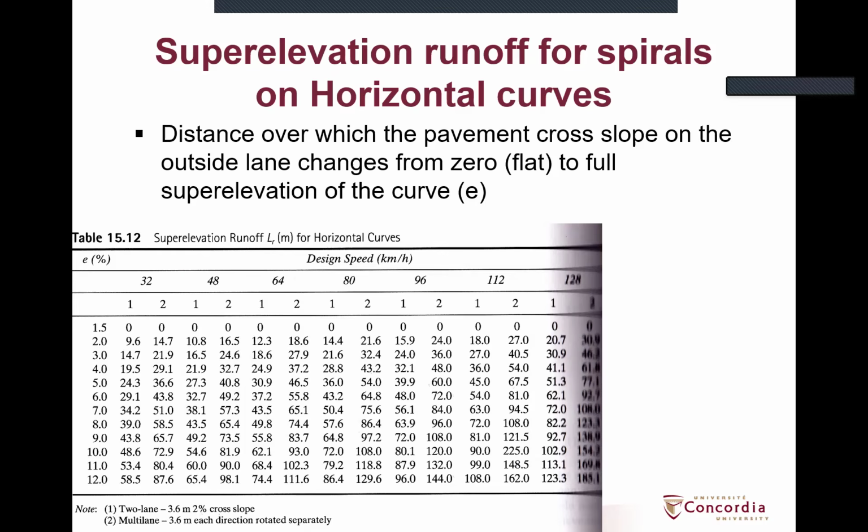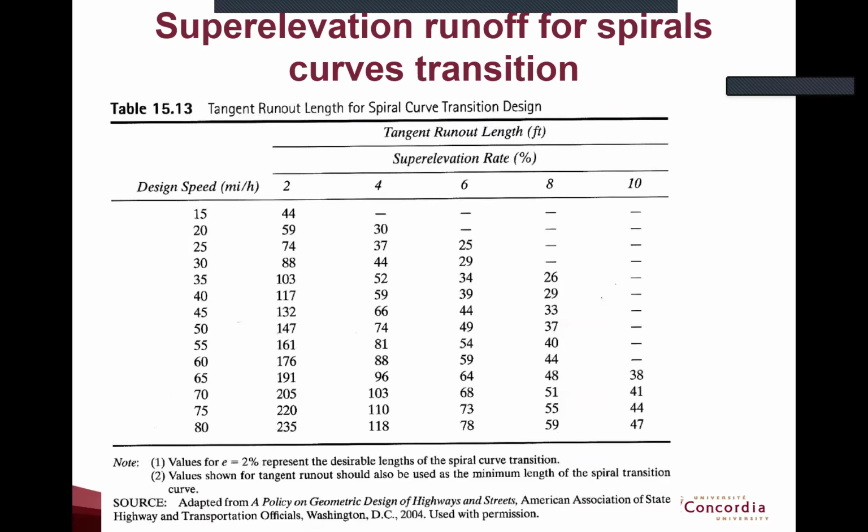And then whether you have a two-lane or a multi-lane. So the number one is two-lane, the number two is multi-lane. We are assuming a standard lane width of 3.6. And this is your super elevation for runoff purposes on horizontal curves. So that's the amount that you need to provide.